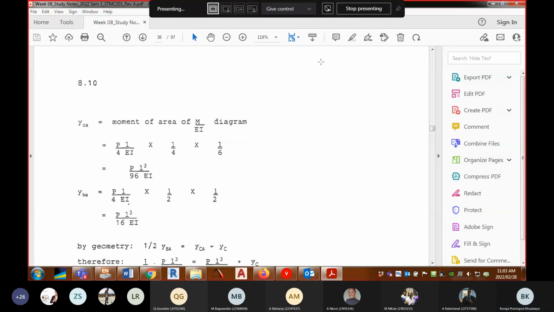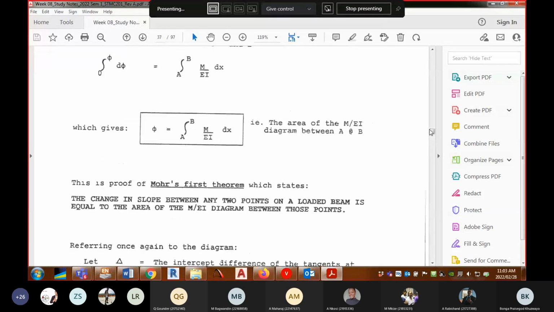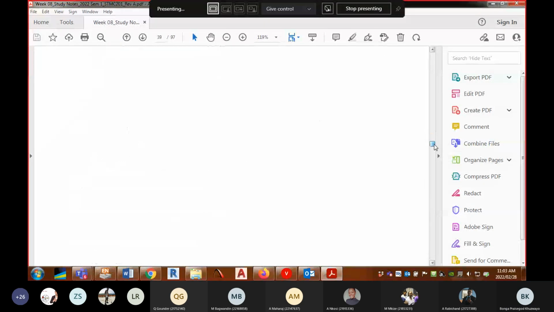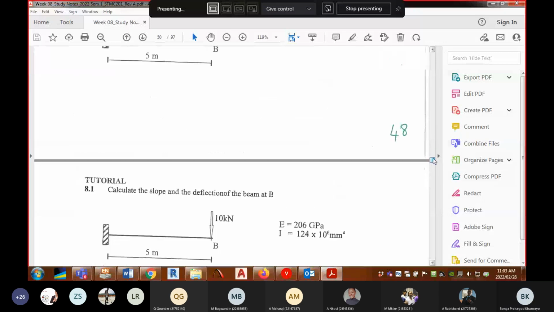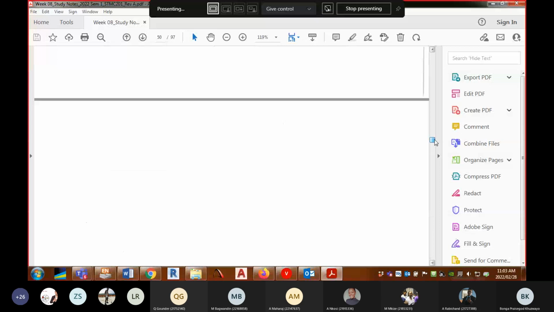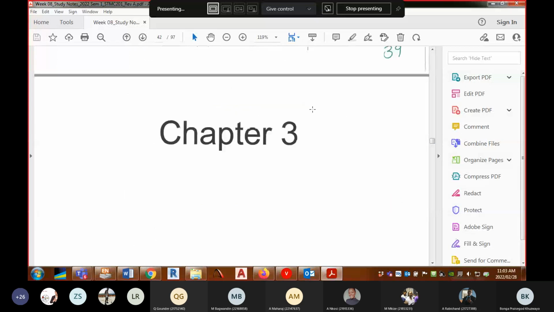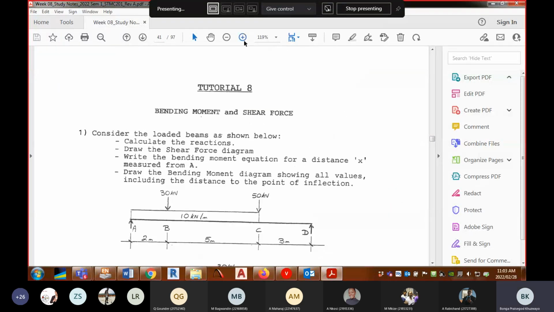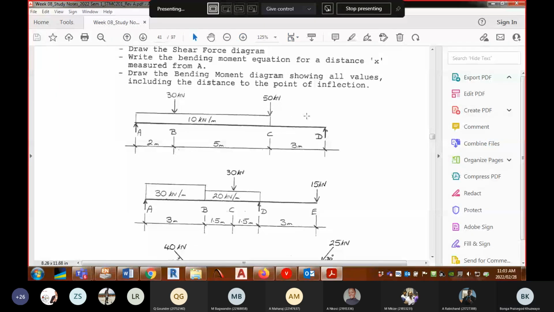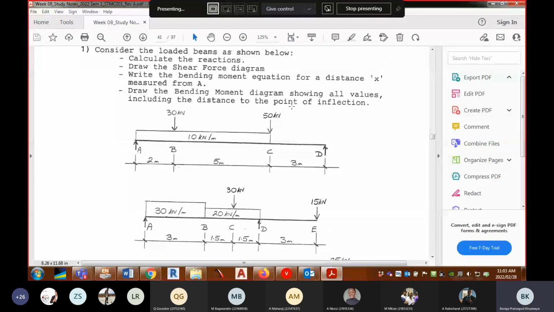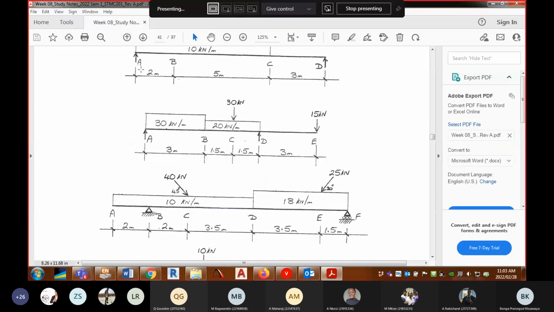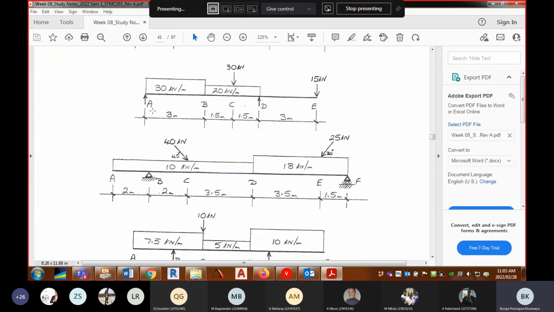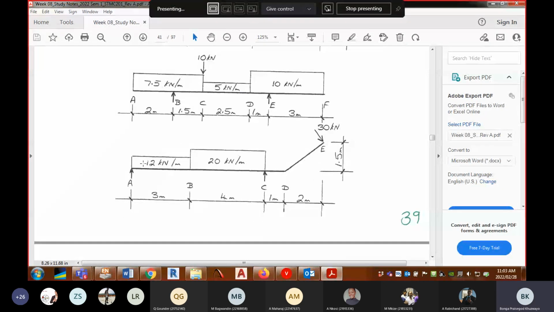Right, this is the tutorial we did last time. As part of the revision, we completed calculating support reactions for question 1, question 2, and question 5.